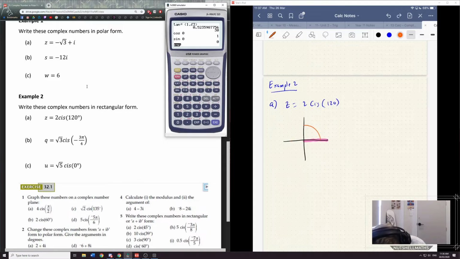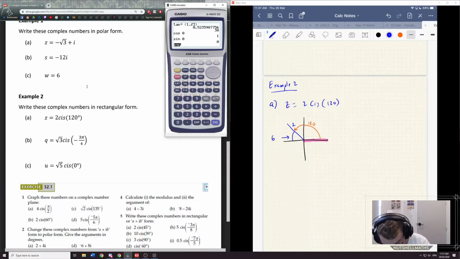So it's going to end up in this quadrant, and we're going to have some complex number that has turned 120 degrees. Its length is 2, but the angle we're going to use in our maths is going to be what, please? This angle here is going to be 60.